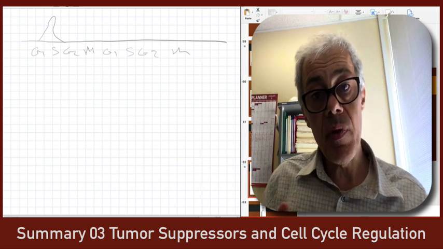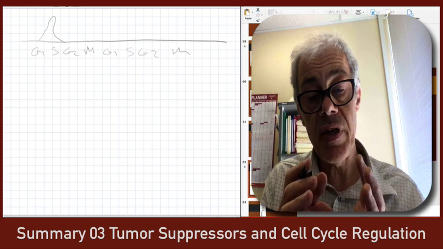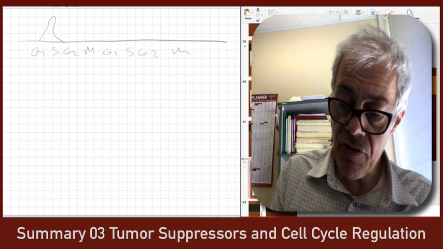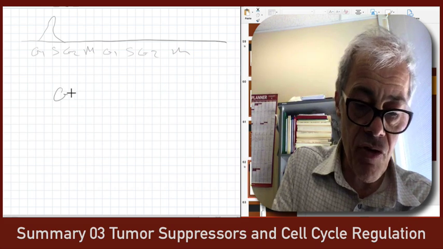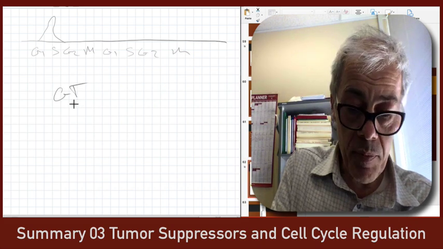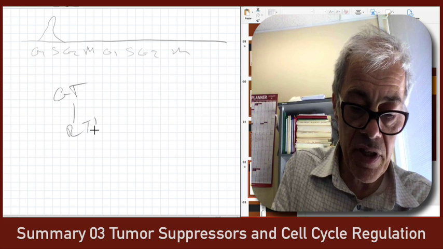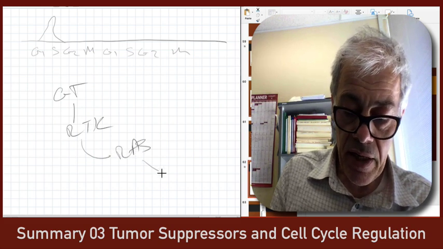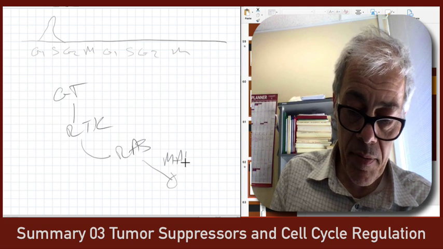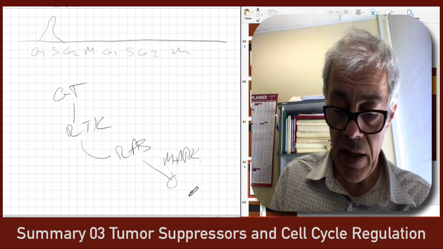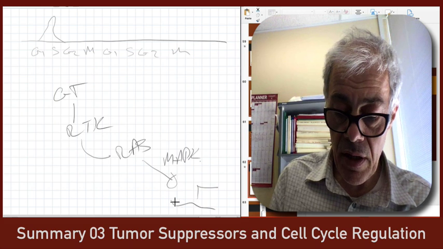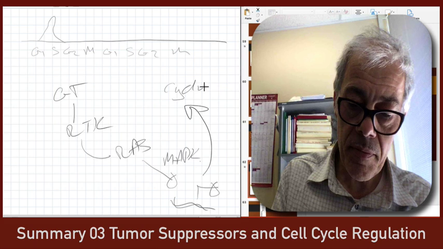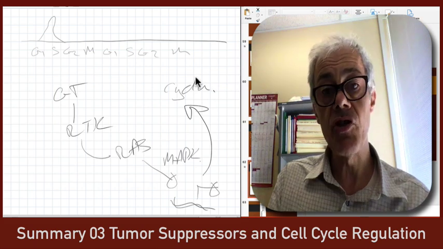We know some of these proteins are cell cycle regulated, and what this diagram is showing is that the growth factor is working through a receptor tyrosine kinase, leading to activation of RAS, leading to the MAP kinase pathway, leading to gene expression of a cyclin, and that occurs during G1.